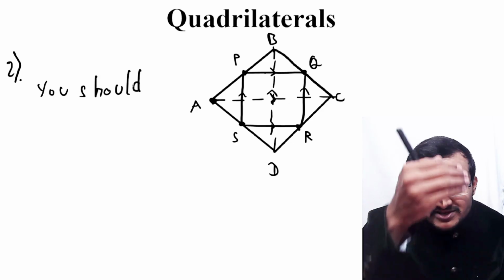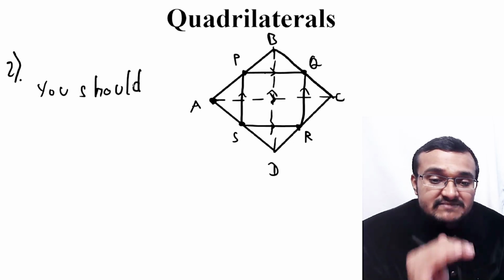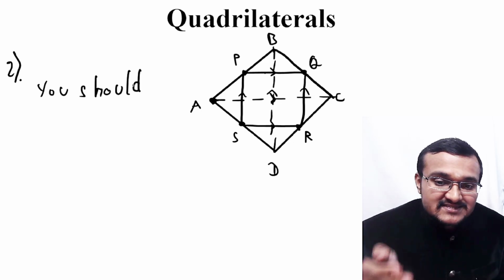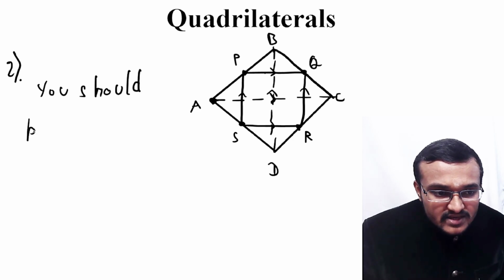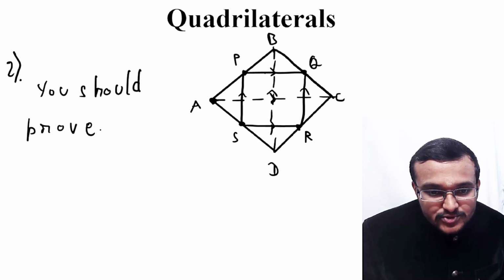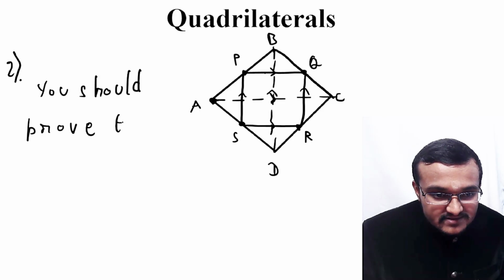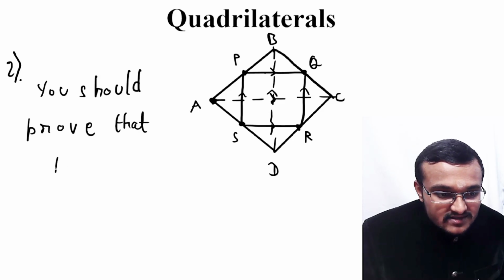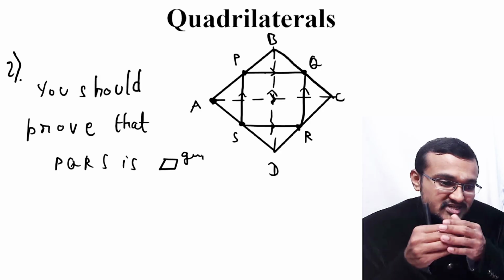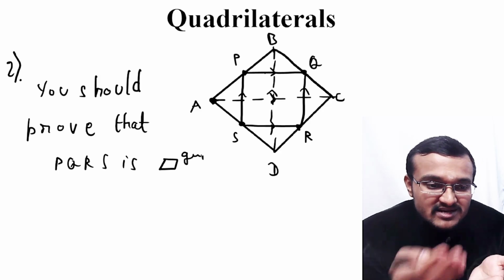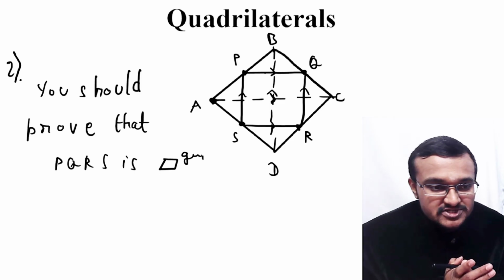Whatever I did in the first question, the same thing you have to do here by connecting AC and BD. This you need to do on your own, referring to the first question.